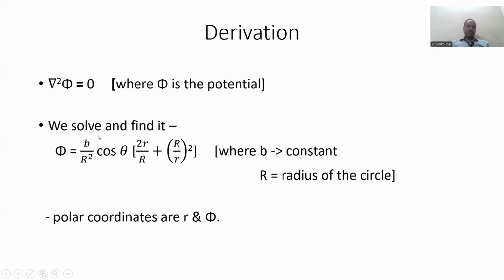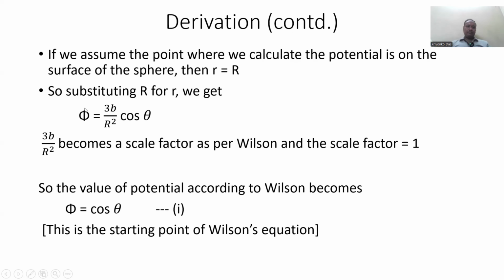Now as per Wilson, 3b over R squared becomes another scale factor, and he assumed the value of the scale factor is equal to 1.